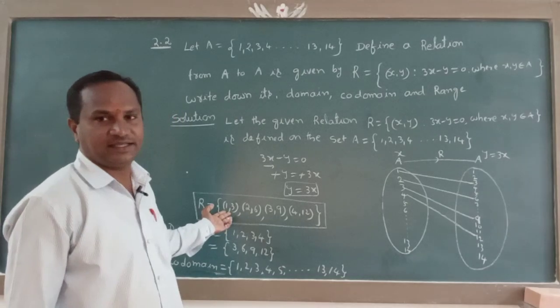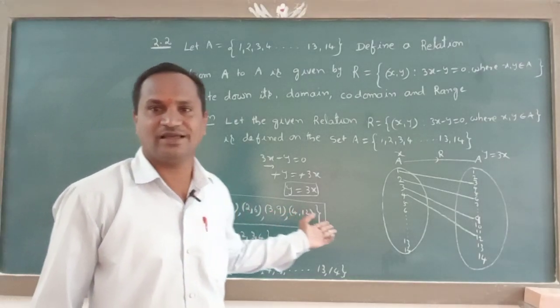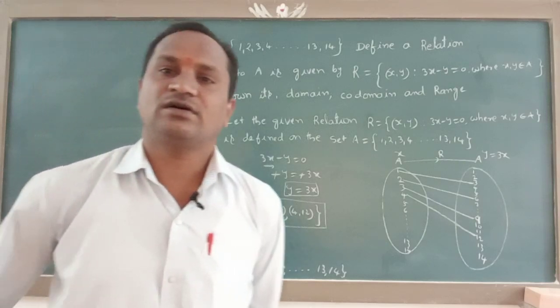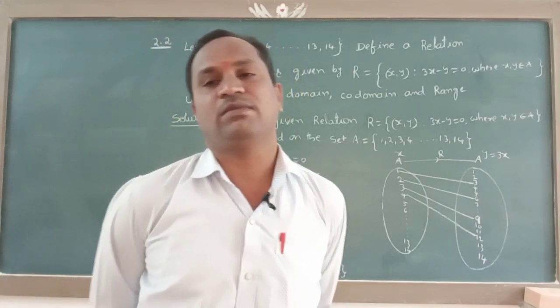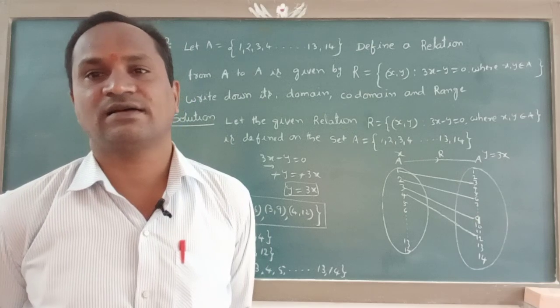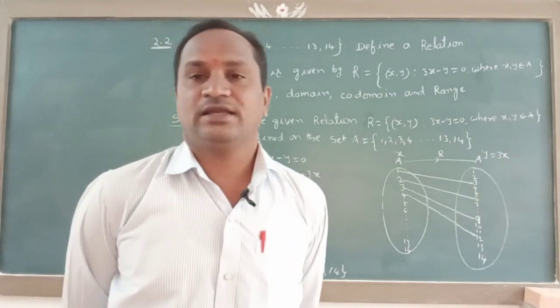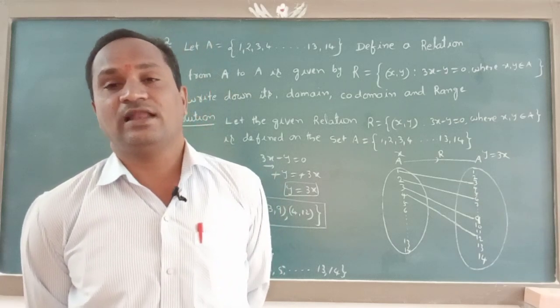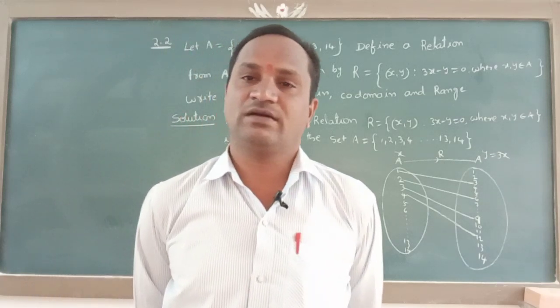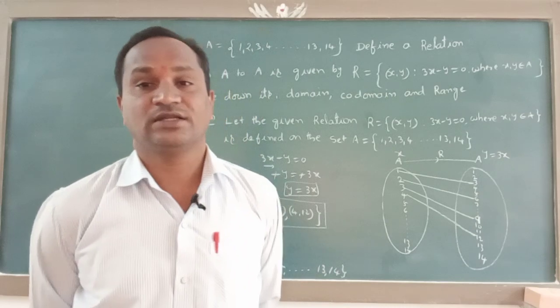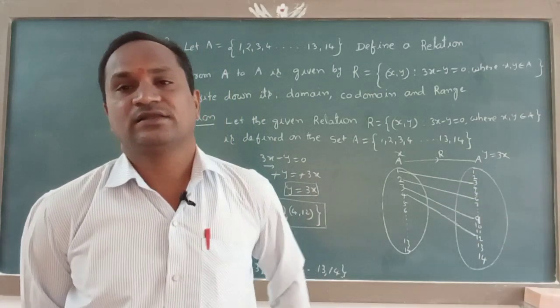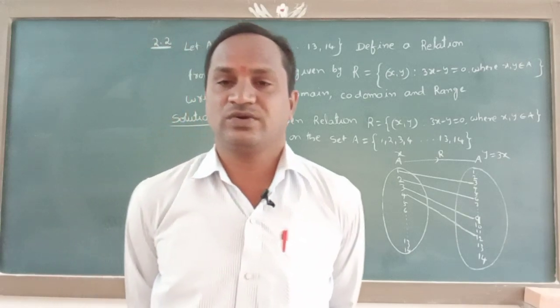Simply by taking definitions also we can easily tell about domain and range. Domain is the set of all first elements of the relation capital R. In case of range, the set of all second elements of the relation capital R is called the range. The whole set B, that is the second set, that whole set B is called the codomain.